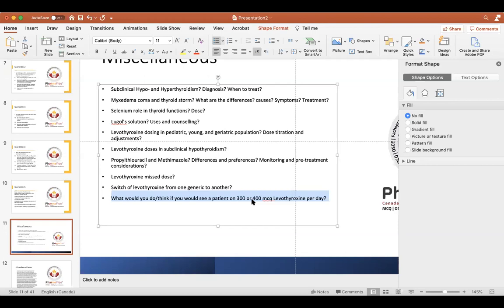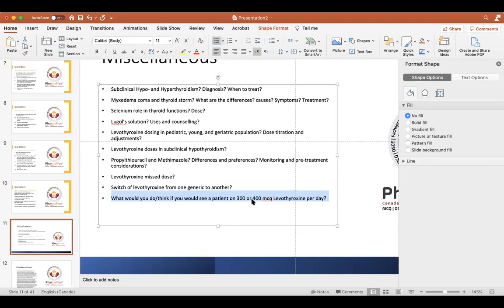The patient could take the medication with calcium, iron, or something else. There may be a problem in the absorption in his stomach, even in some celiac patients, where there could be decreased absorption of levothyroxine.